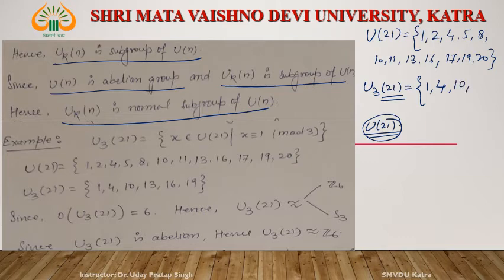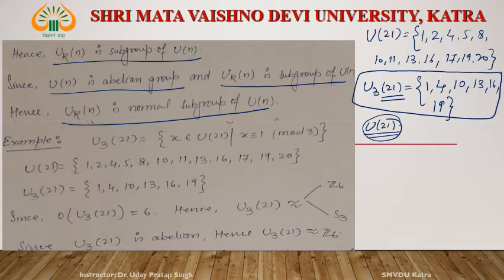Okay. 11, no. 13, yes, remainder is 1. 16 is also here. 17, no, remainder is 2. 19. Okay. These are the elements of U321.